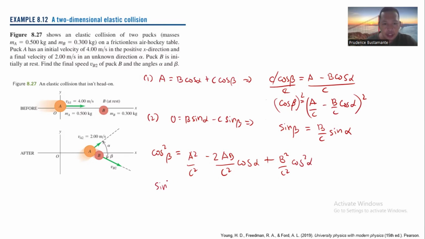And sine squared beta is just equal to B squared over C squared sine squared alpha.